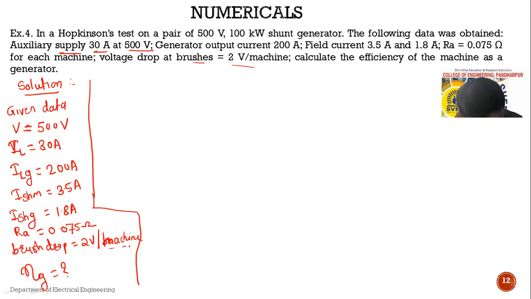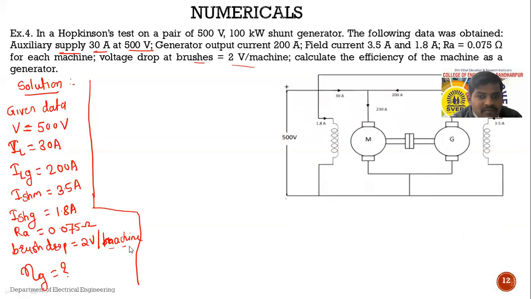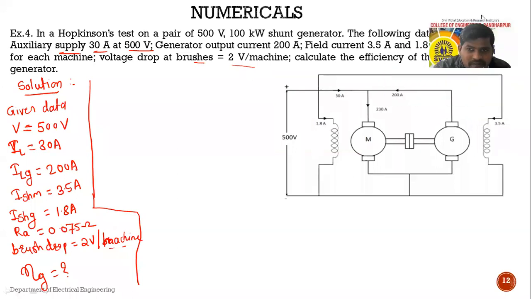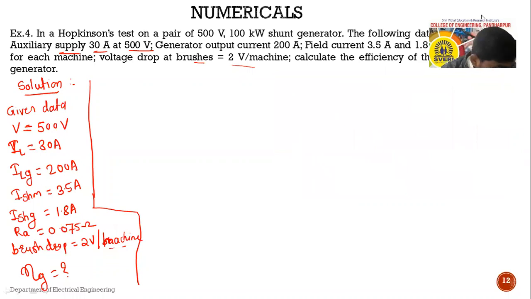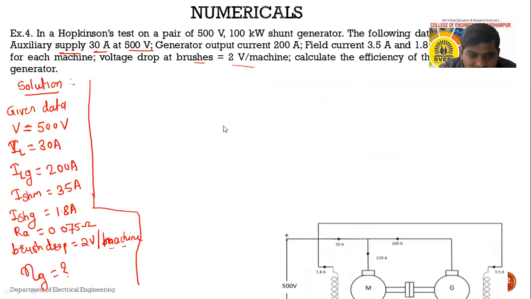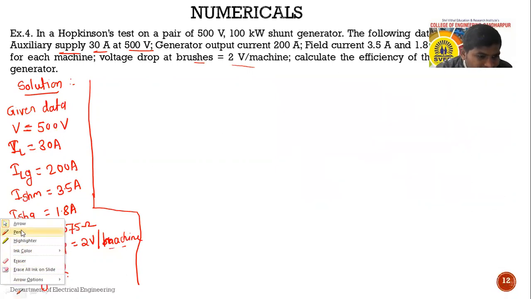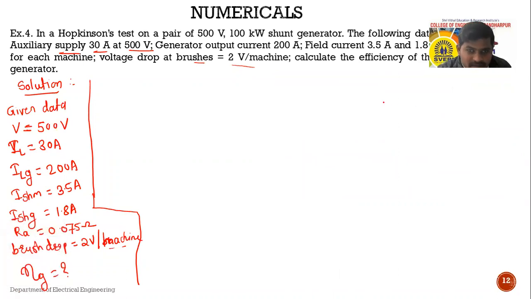Now we will put this data in the circuit diagram, so we are drawing the circuit diagram. आपण circuit diagram draw करू, त्याच्यामध्ये आपण हा डेटा put करणार आहे. Okay, for your understanding we will draw the diagram. The supply is to be given, that is supply voltage of 500 volt.